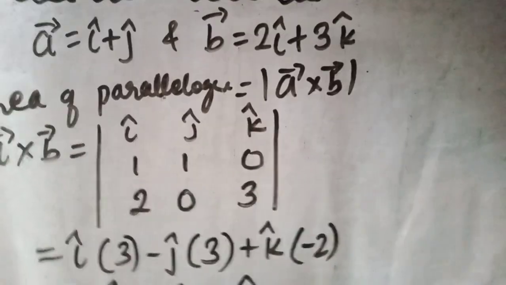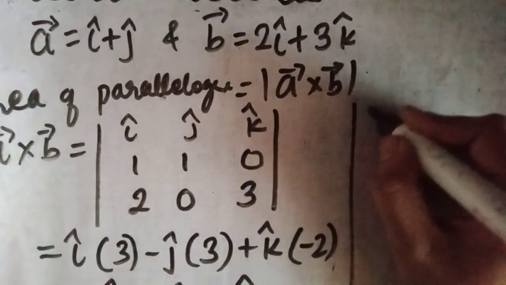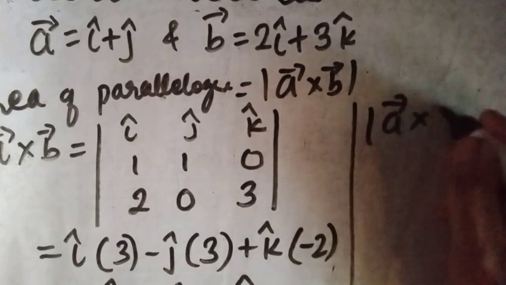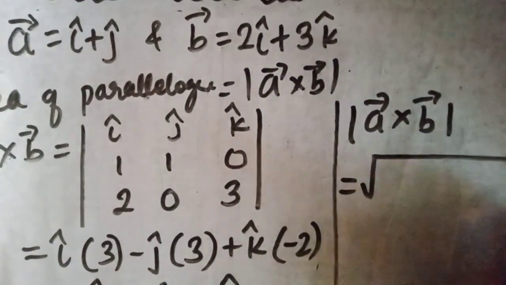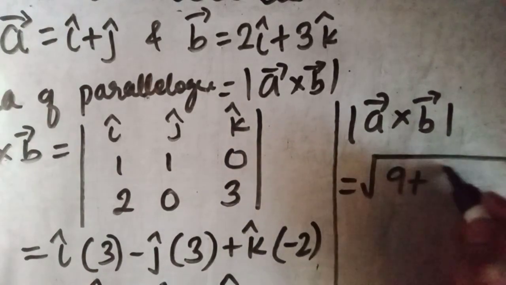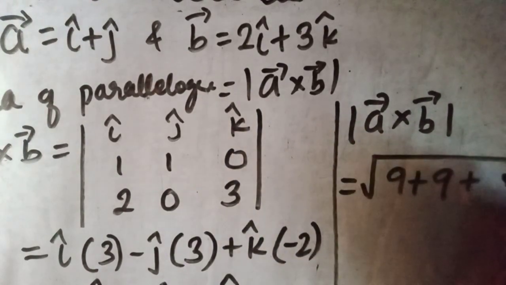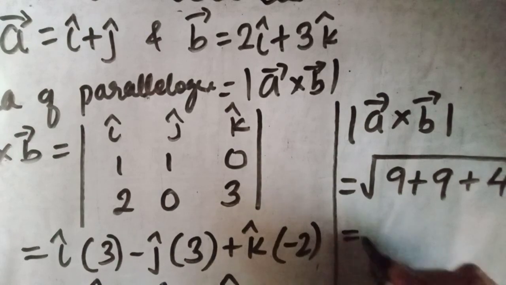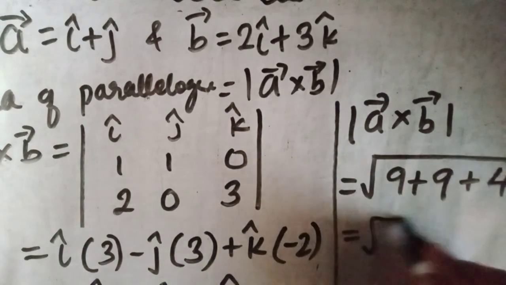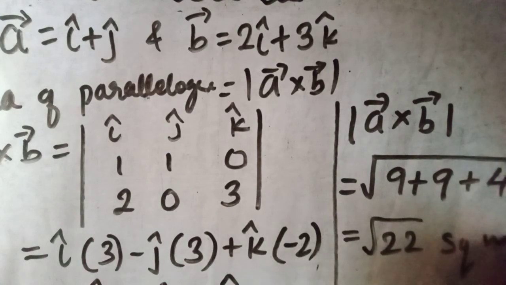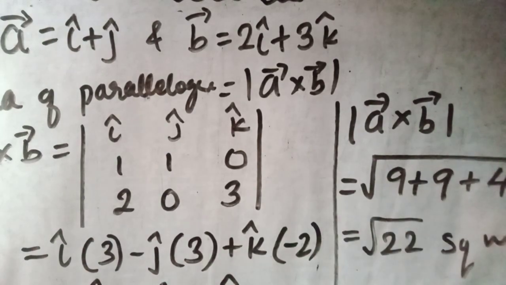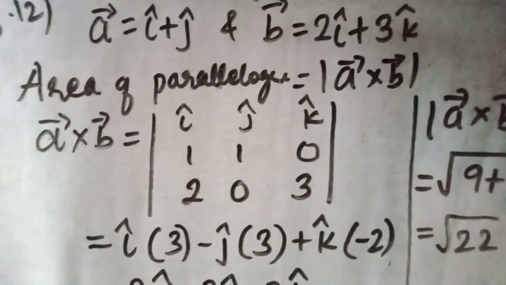So its magnitude, a cross b is given by root of 3 square plus 3 square plus 2 square, root of 22 square units.